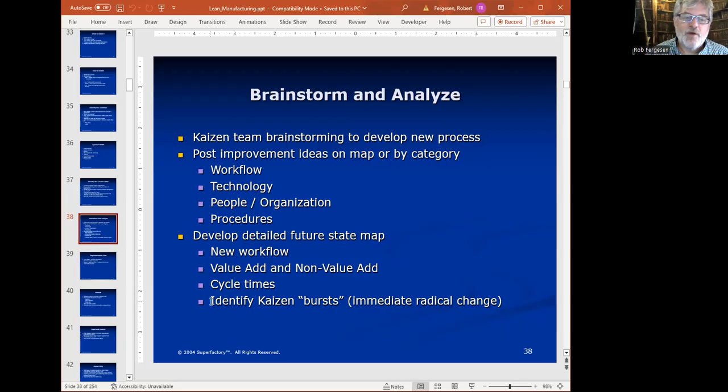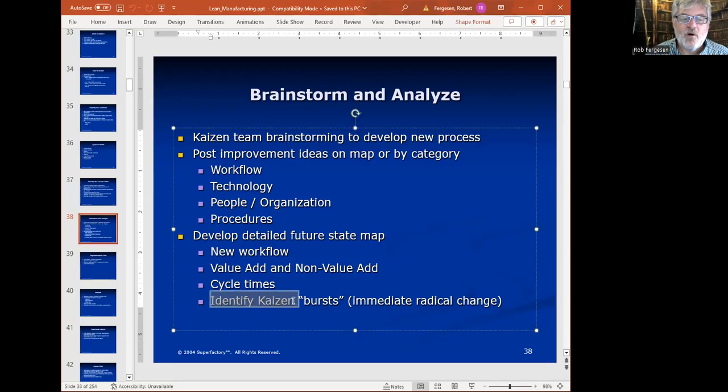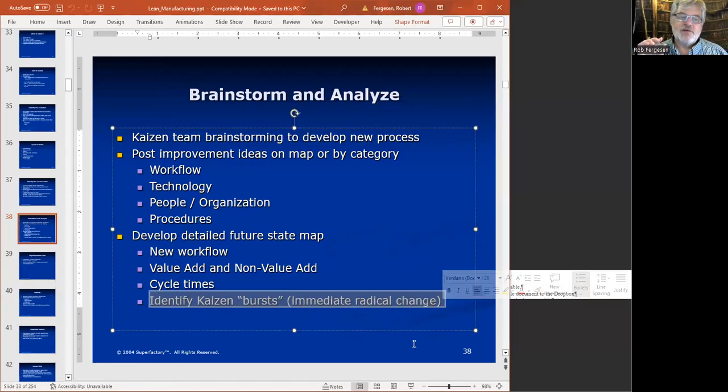The objective with these brainstorming sessions is to identify what's called a Kaizen burst. A burst, and we go through the Kaizen process later on when we talk about value streams, is basically where you draw your current state process out, and then you say, wow, why are we doing that step? We used to do that step in 1967, but we haven't really had to do that step since they changed some regulation in 1989.